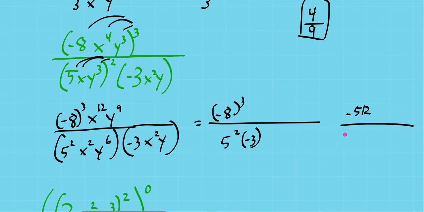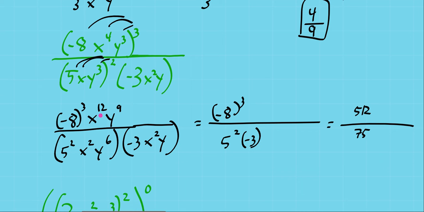And 5 squared is 25. 25 times negative 3 is negative 75. Negative divided by negative is going to be positive, and 512 over 75 is going to be, well, nothing nice. So we'll just leave it. I know negative divided by negative is positive. I'm just going to leave it like that.